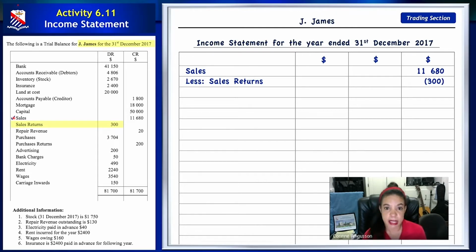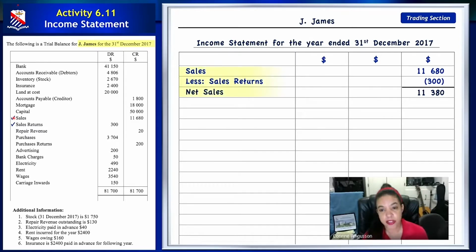So you're going to minus something. That's the first two things, and it's the only two things in the first part of your income statement. So it's very, very easy. Sales less sales returns. And that is the first calculation that you would do. And 11,680 less the 300 will give you your net sales of 11,380.